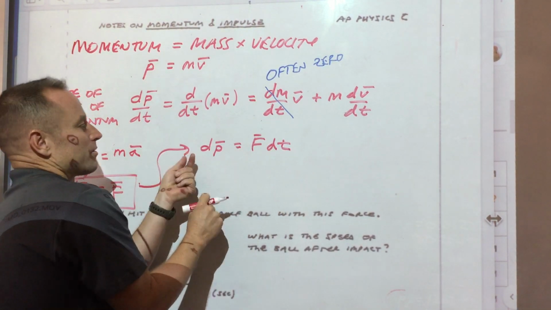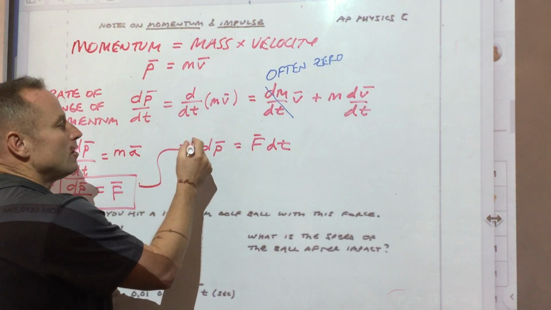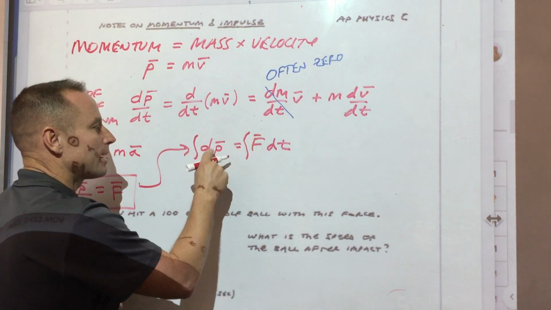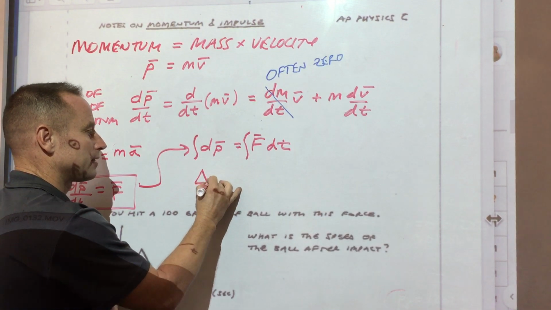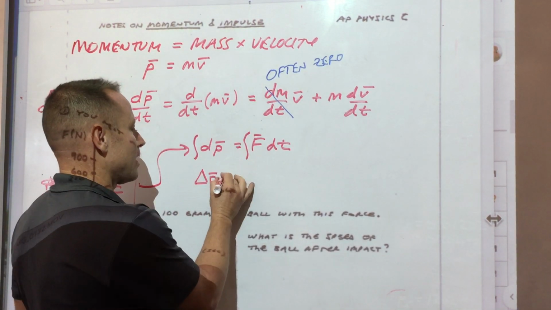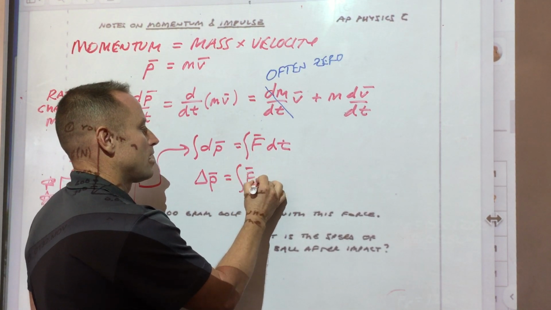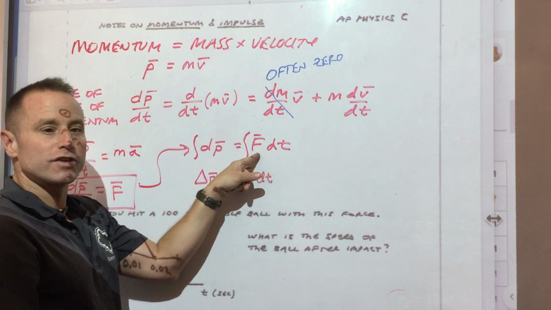If you sum up over the itty bitty changes in momentum, then you'd get the total change in momentum. So this is delta p. I'll rewrite it: it's the integral of F dt. But what this would be is the area under a force versus time graph.